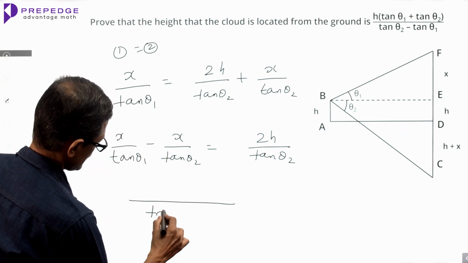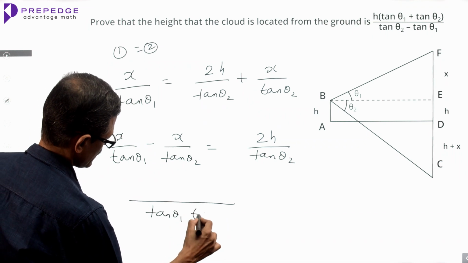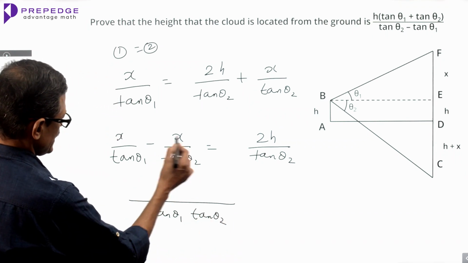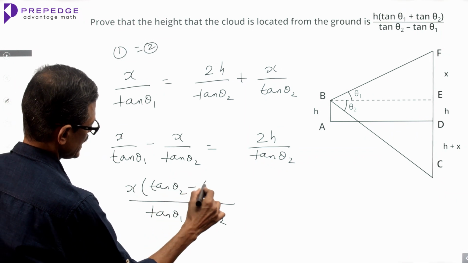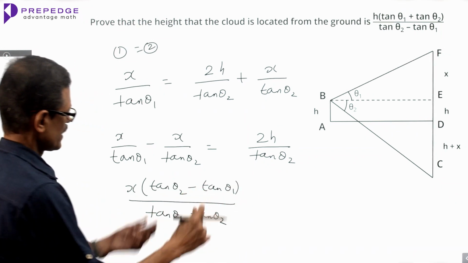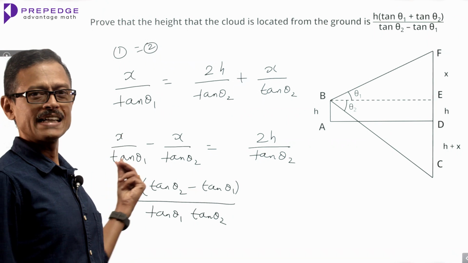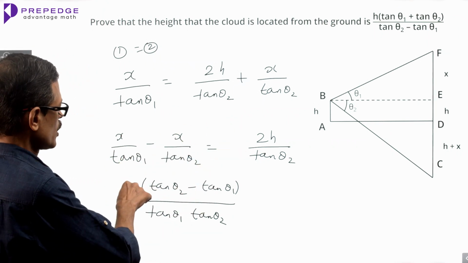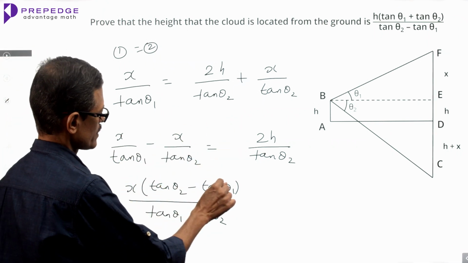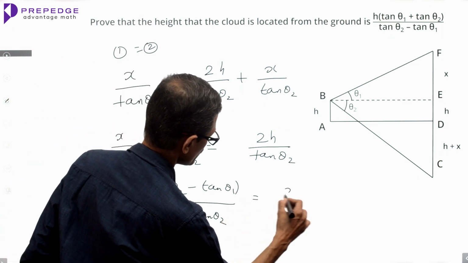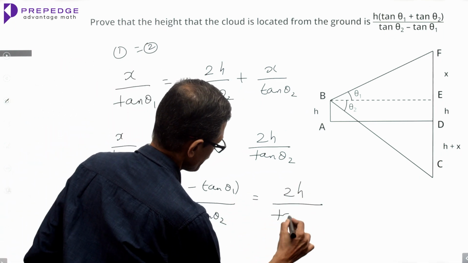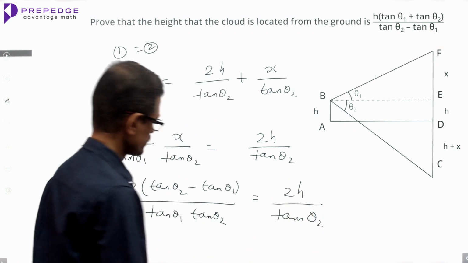Taking X common, we'll get tan theta 2 minus tan theta 1, so X into tan theta 2 minus X into tan theta 1. So X common, tan theta 2 minus tan theta 1 divided by tan theta 1 tan theta 2 is equal to 2H divided by tan theta 2.